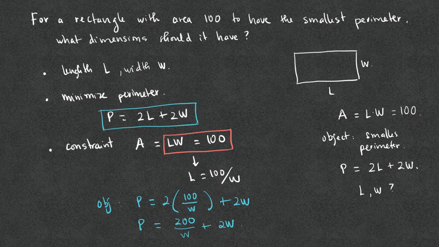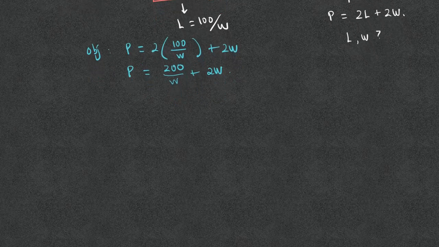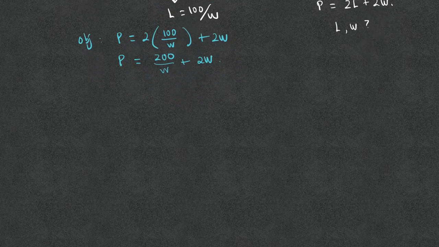And then we solve the problem whose objective is P equals 200 over W plus 2W, subject to the constraint that L times W equals 100. But again, we already used this constraint to rewrite the objective equation.